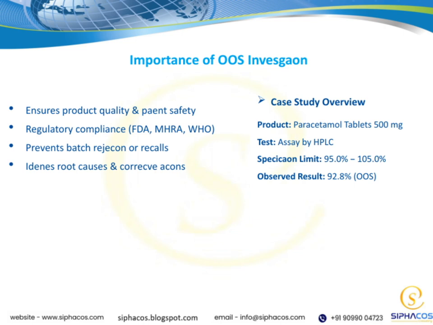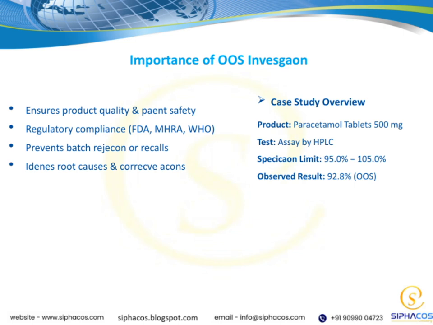This brings us to the importance of investigating OOS results thoroughly. First and foremost, such investigations are vital to ensure the product's quality and, ultimately, patient safety. If a batch falls outside the specification limits, it could potentially affect the efficacy or safety of the medication. Additionally, regulatory agencies like the FDA, MHRA, or WHO require rigorous investigation of OOS results to maintain compliance.